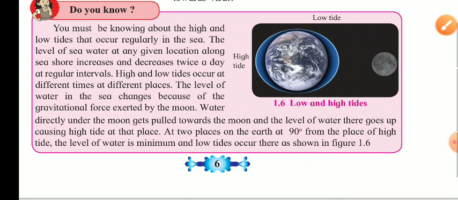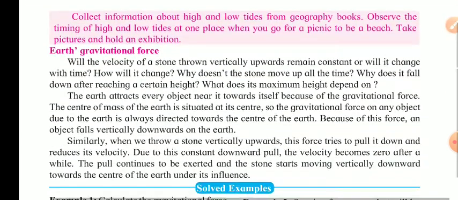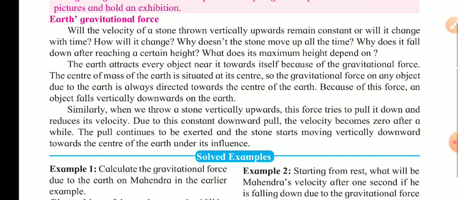Now you can go through this paragraph in your textbook. Then the further part we have to study is the earth's gravitational force. The earth's gravitational force is like this: if we throw a stone upward in the sky, it goes up to a certain height and then it returns back.